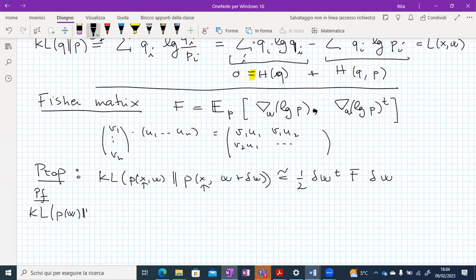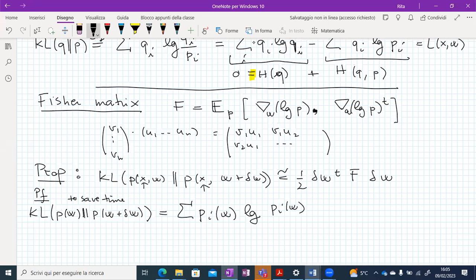There is always X, but to save time, I don't write it. So this is by definition the summation of P_i(w) logarithm of P_i(w) divided by P_i(w plus delta w).